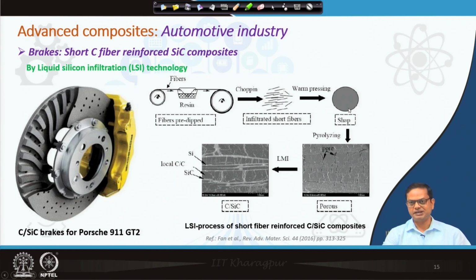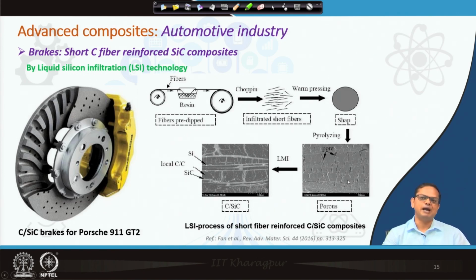At an elevated temperature, the resins join together, and once these chopped fibers are pressed together, but not very hard, they will have a good amount of porosity. Now, these chopped fibers along with the resin will act as a preform, and then it can be pyrolyzed.